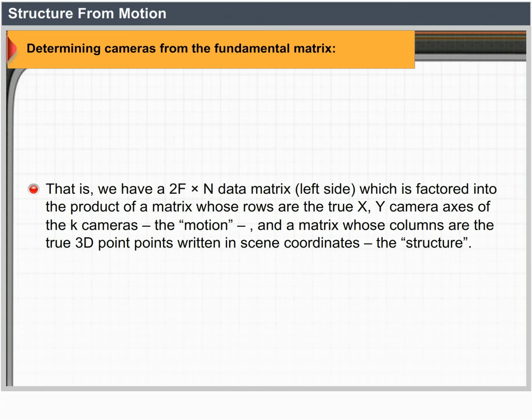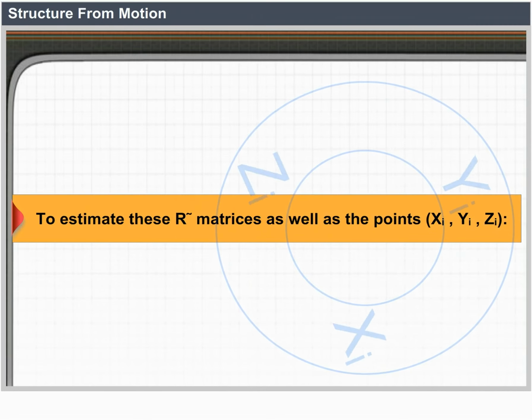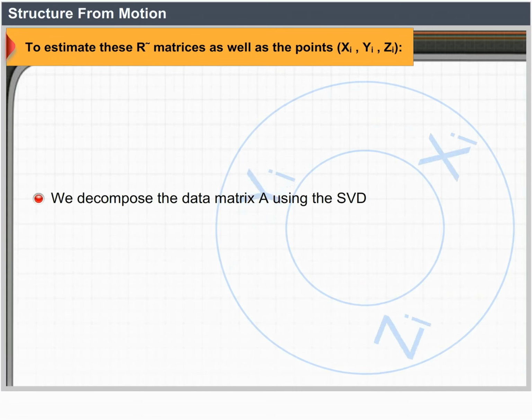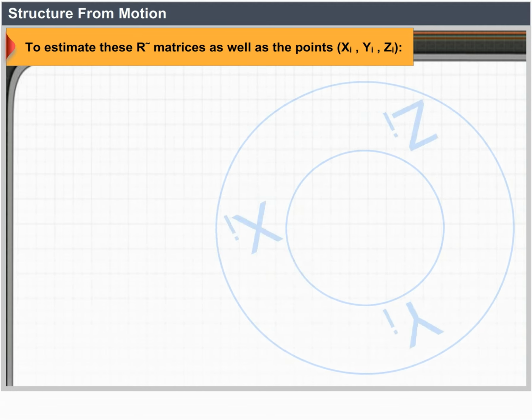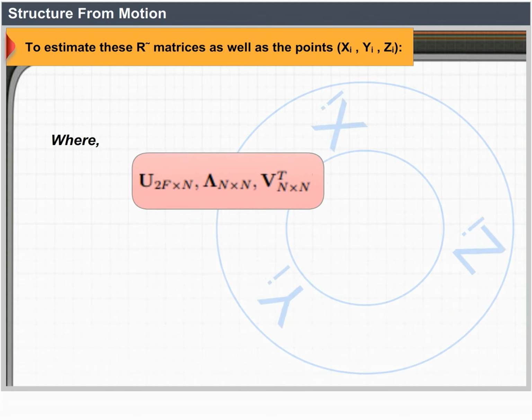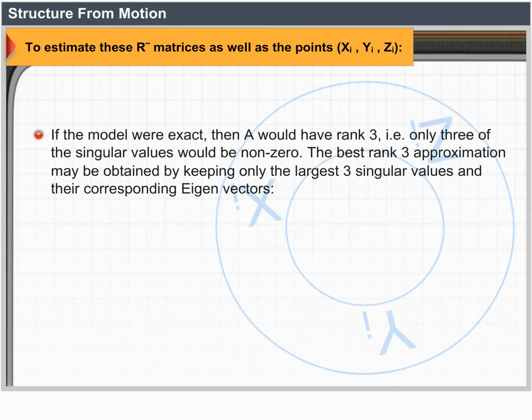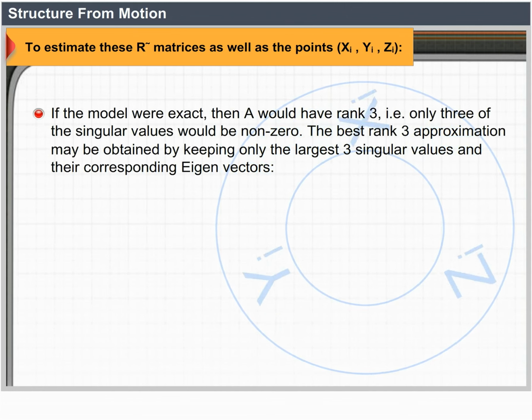To estimate these R' matrices as well as the points xi, yi, and zi, we decompose the data matrix A using the SVD A equals U Σ V to the power T, where U is 2F cross N, Σ is N cross N and V to the power T is N cross N. If the model were exact, then A would have rank 3, that is, only 3 of the singular values would be non-zero.